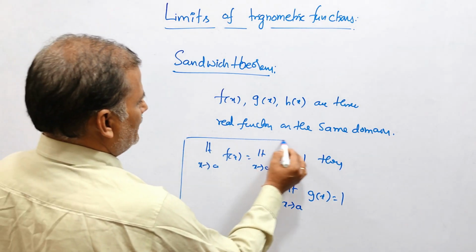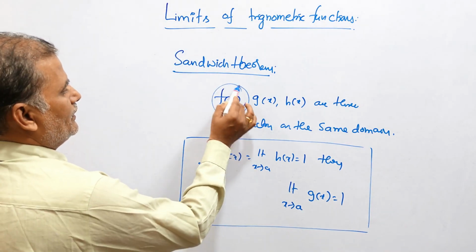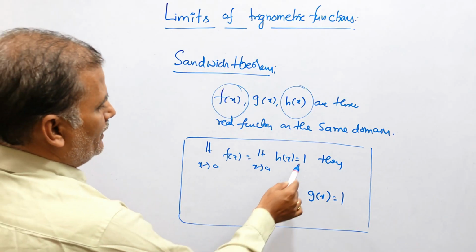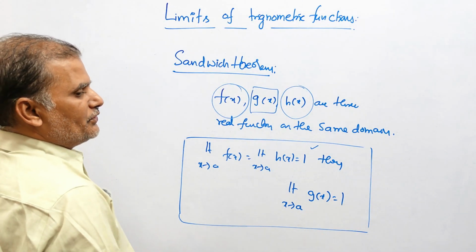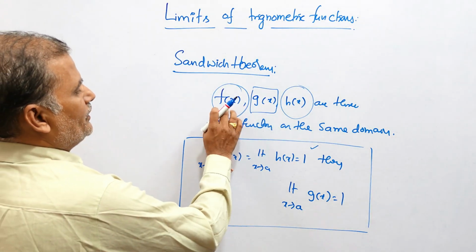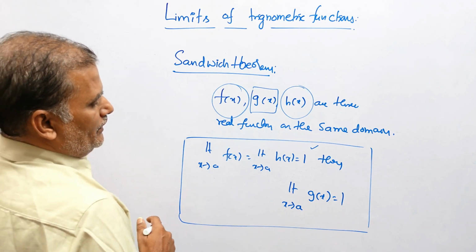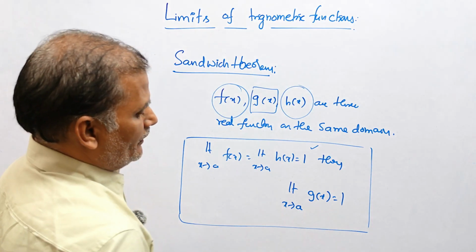This is called the sandwich theorem. That means if the first function and third function have limit 1 as x tends to a, then automatically the middle function g of x has limit 1, because it is sandwiched by these two functions f of x and h of x.